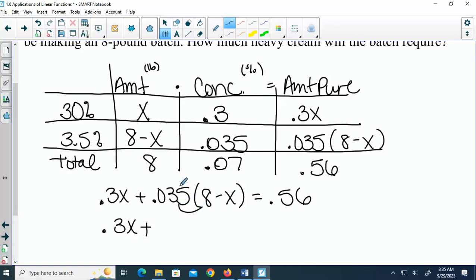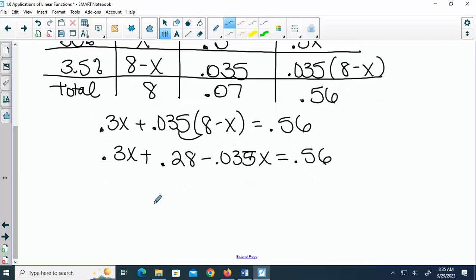So if we distribute and combine my terms. Okay, does this one work out nicely?